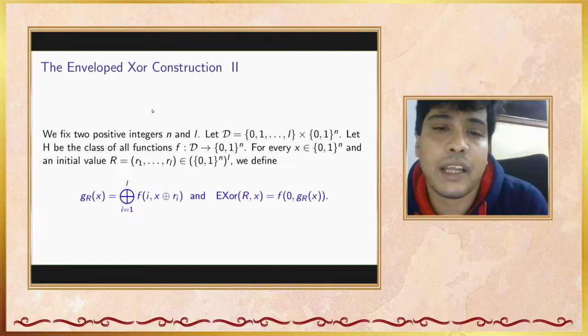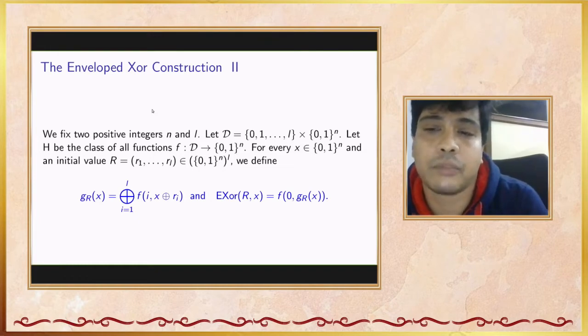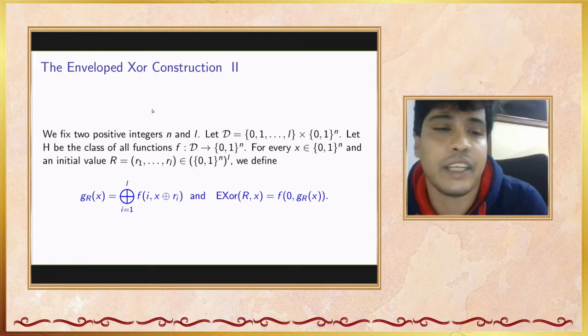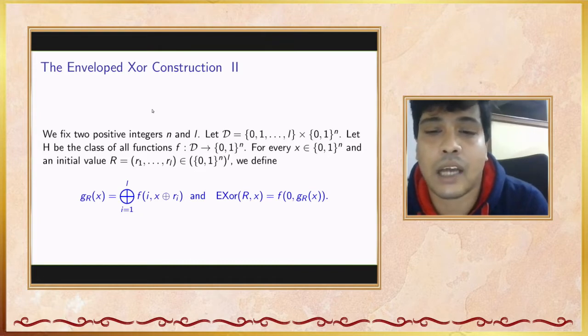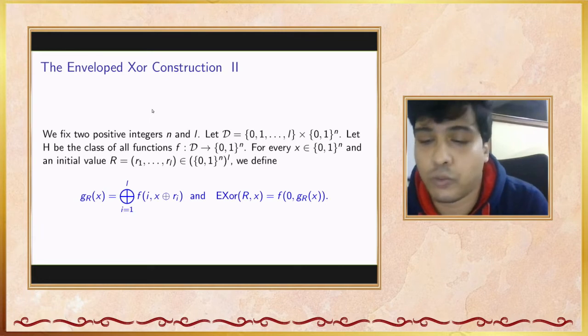If capital H is all the functions from the domain to {0,1}^n, for every x belonging to {0,1}^n and an initial value capital R, we define G_R(x) as the XOR of f1(x plus r1), f2(x plus r2), up to fL(x plus rL), and then we apply f0 on it to get our final output.